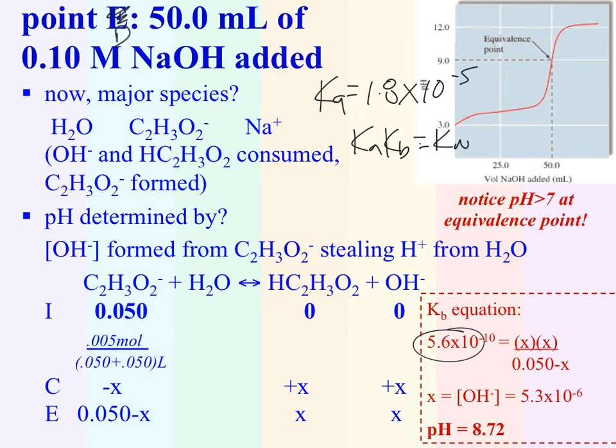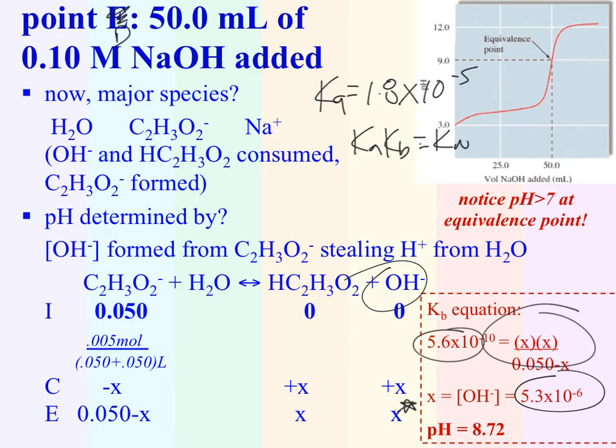So we plug these equilibrium values into our expression, and we solve for x. X is going to correspond to the concentration of our hydroxide ion in solution, which is going to help determine the pH. So we figure out that our hydroxide ion concentration is as follows.